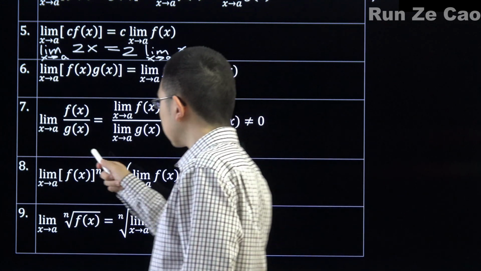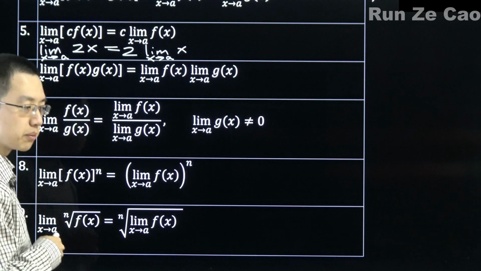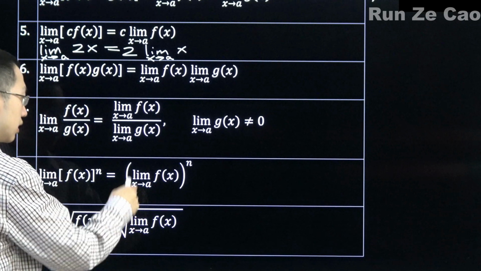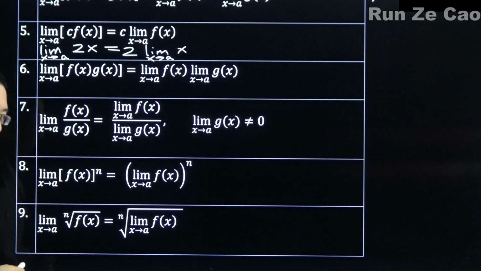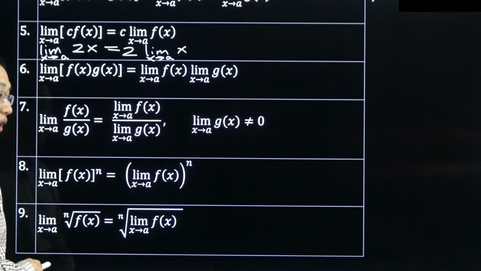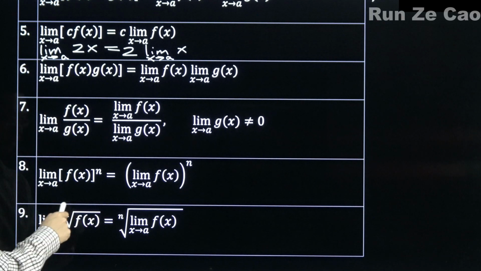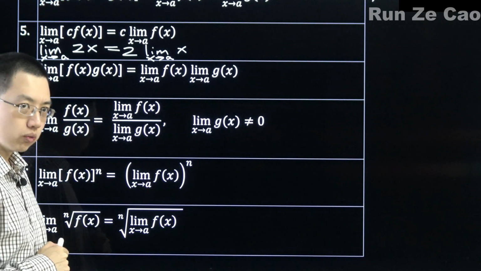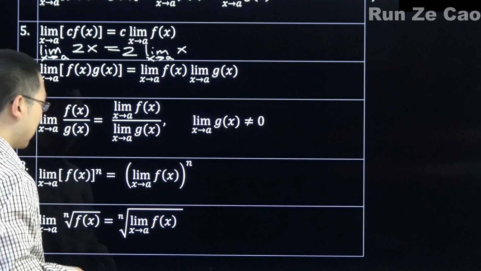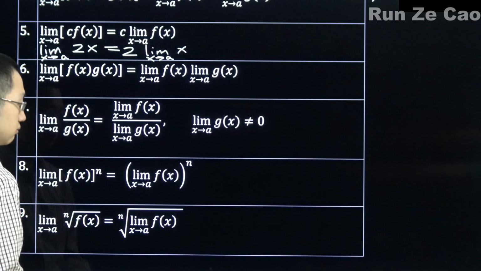Now here, if you take the exponent of some function and you find its limit as x approaches a, that's equal to the limit of the function taken to the appropriate exponent. The exponent can be a fraction. For example, if the exponent is 1/2, that means the second root or square root, as opposed to the cube root if it would say 3.